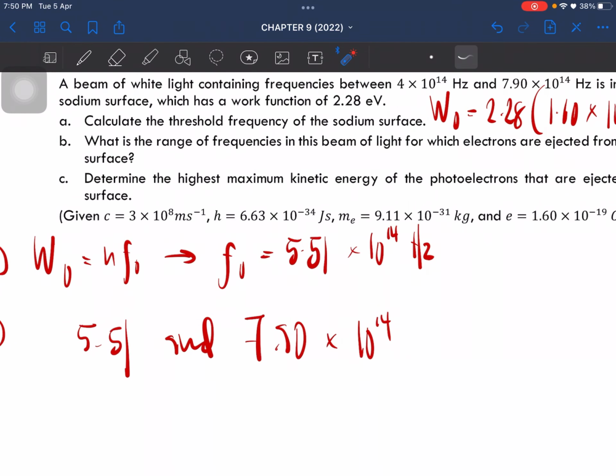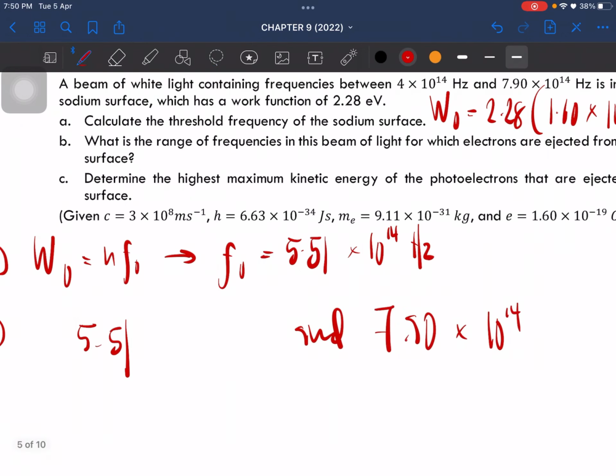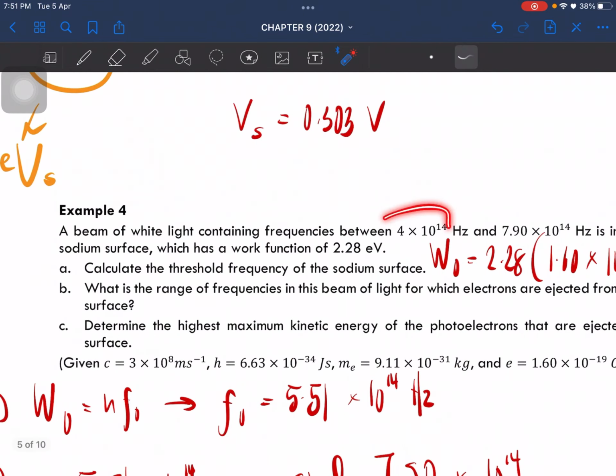That is why the minimum is this threshold. The minimum value of frequency that would allow an electron to be ejected is 5.51 times 10 to the power 14, and the lower part of the beam does not meet the threshold frequency.